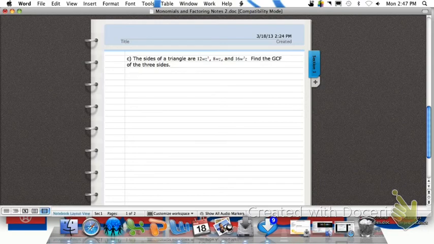It says find the greatest common factor of the 3 sides. Okay, so all I'm going to do is take these down and rewrite them. 12wz squared, 8wz, and 16w squared z.